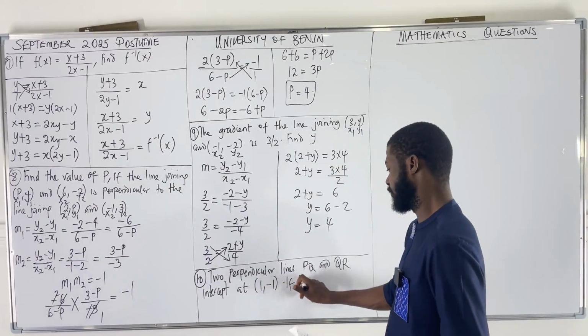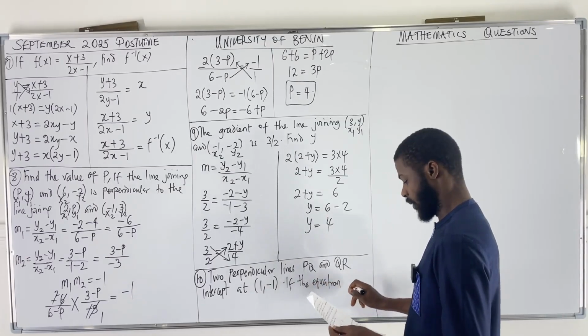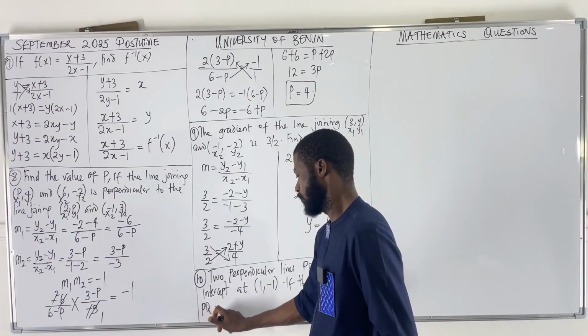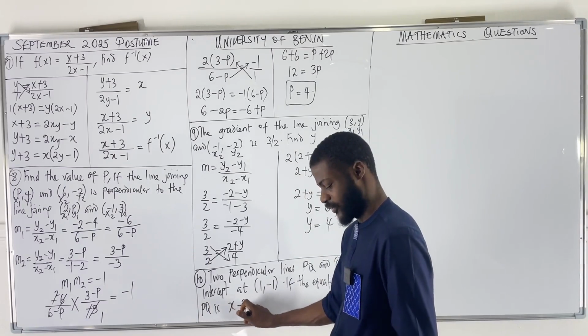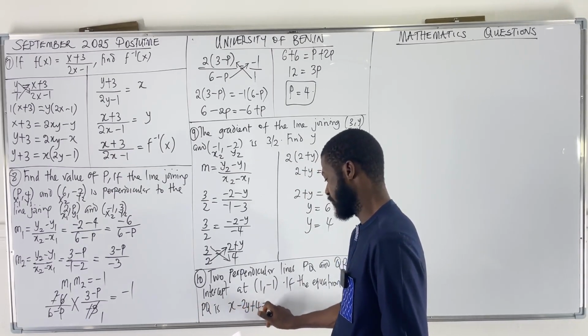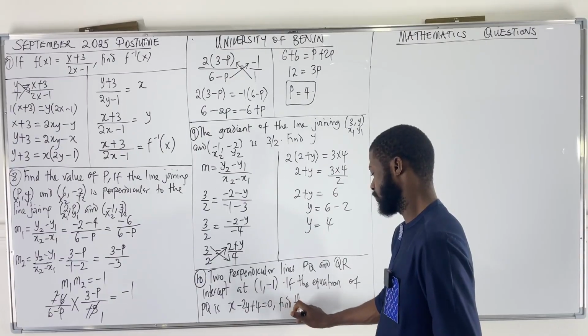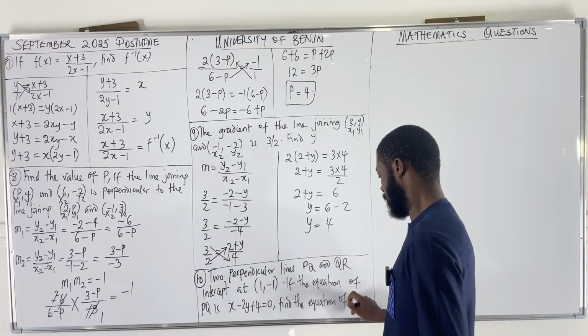If the equation of PQ is x minus 2y plus 4 equal to 0, find the equation of QR.